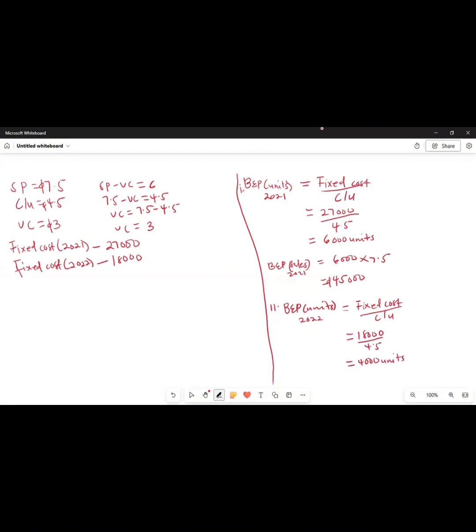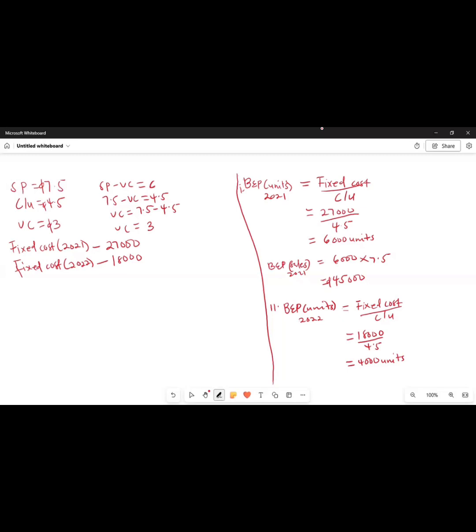Which means in the year 2022, if ABC Company wants to break even, they have to sell 4,000 units. There will be neither profit nor loss. Their total cost will be equal to their sales. That's the break even.